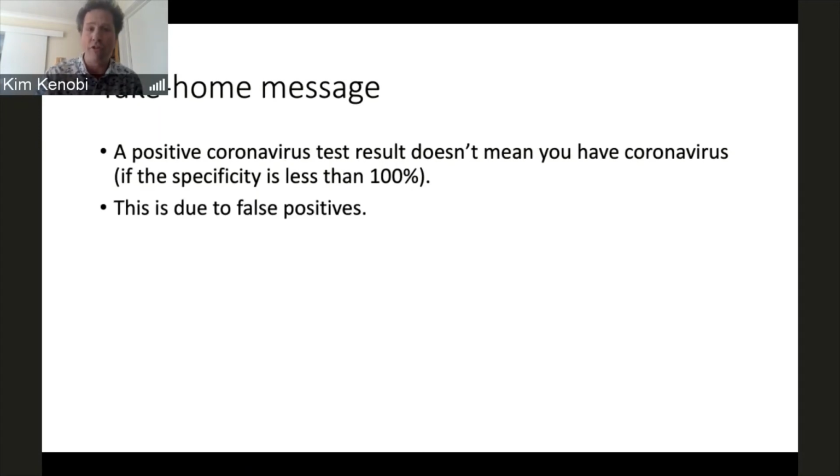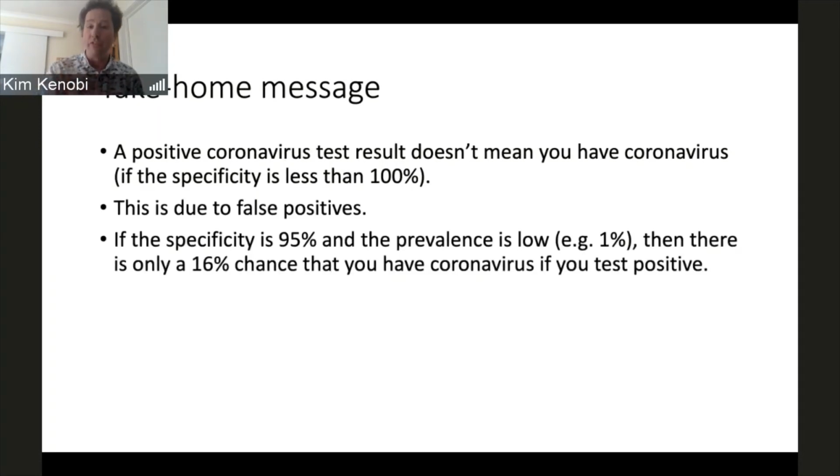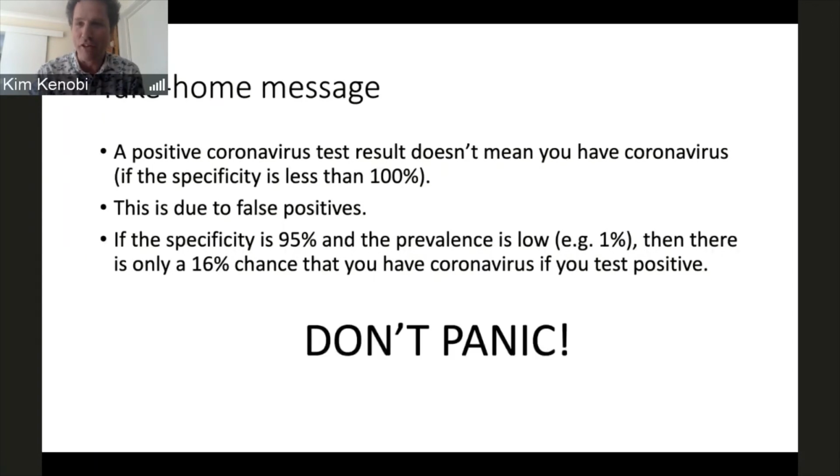And using the numbers that I've given you there, there's only a 1 in 6 chance that you have coronavirus if you test positive. So in the words of the Hitchhiker's Guide to the Galaxy, my advice if you get a positive test is: don't panic.